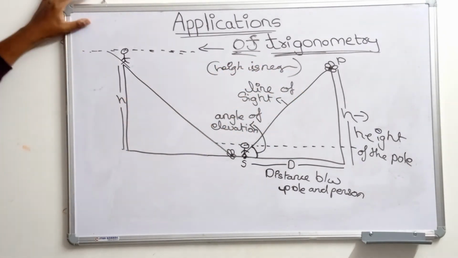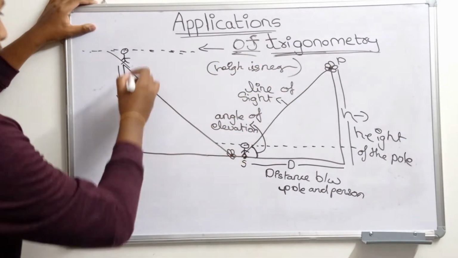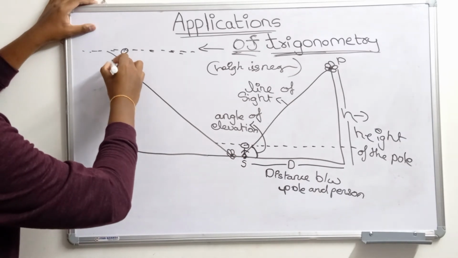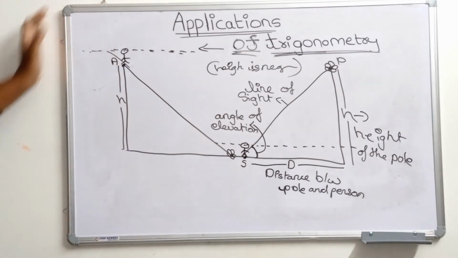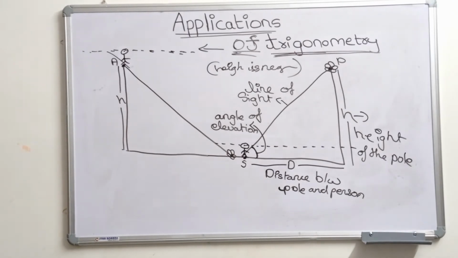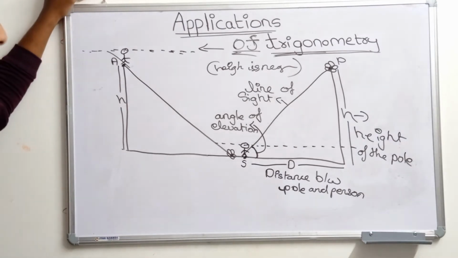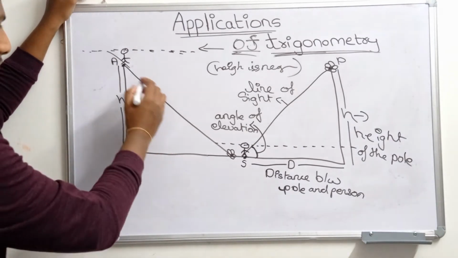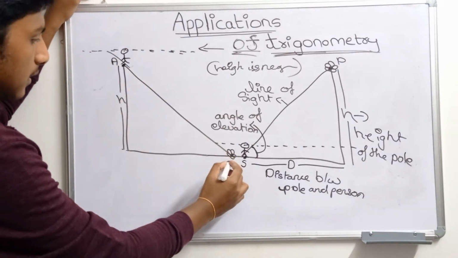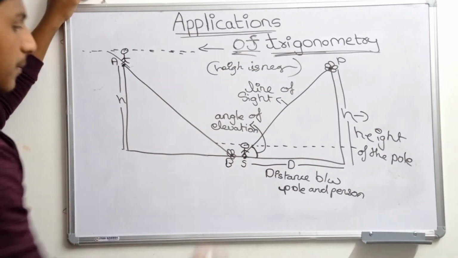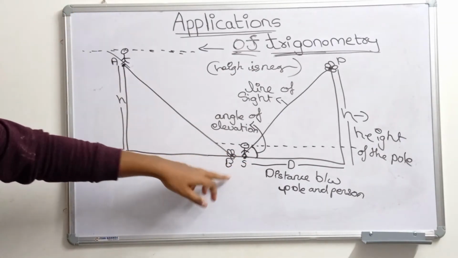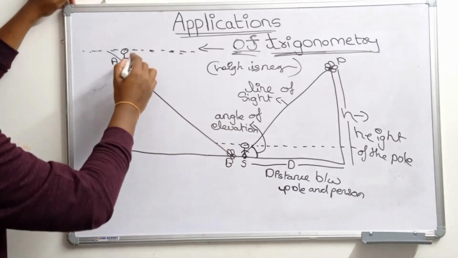And coming to this diagram, consider a boy is standing at a position A and watching a flower which is at the position B. This is the horizontal range.